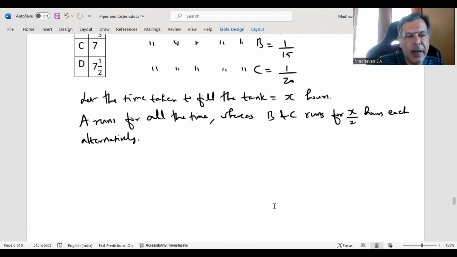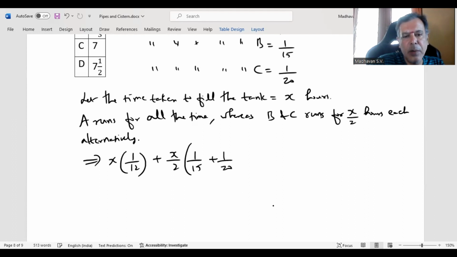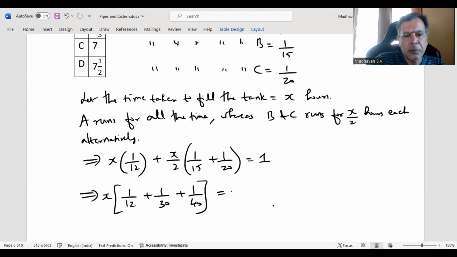which means we can write x times 1 by 12 plus x by 2 times 1 by 15 plus 1 by 20 equal to the whole work 1. So x can be taken common outside. We can have 1 by 12 plus 1 by 30 plus 1 by 40. We can rewrite this as LCM is 120.